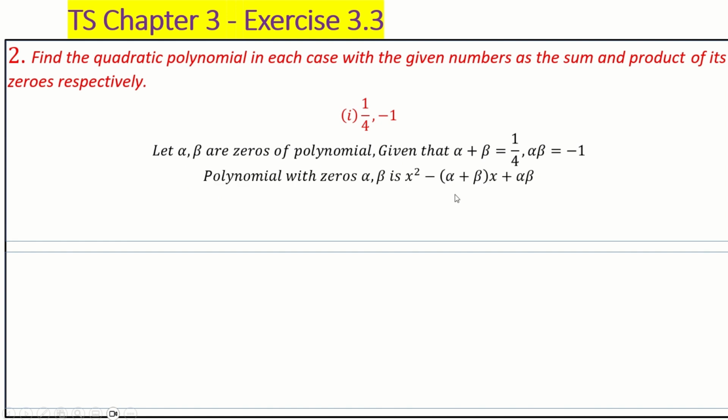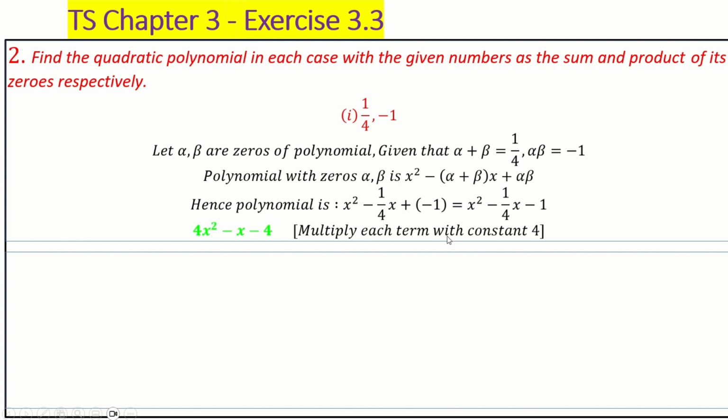So the polynomial is basically x square minus (alpha plus beta) x plus alpha beta, right? So it will become x square minus 1 by 4 x plus of minus 1. That is nothing but x square minus 1 by 4 x minus 1. If you don't want the denominator, you multiply all the terms with 4, then 4x square minus x minus 4. Okay, this is the answer.